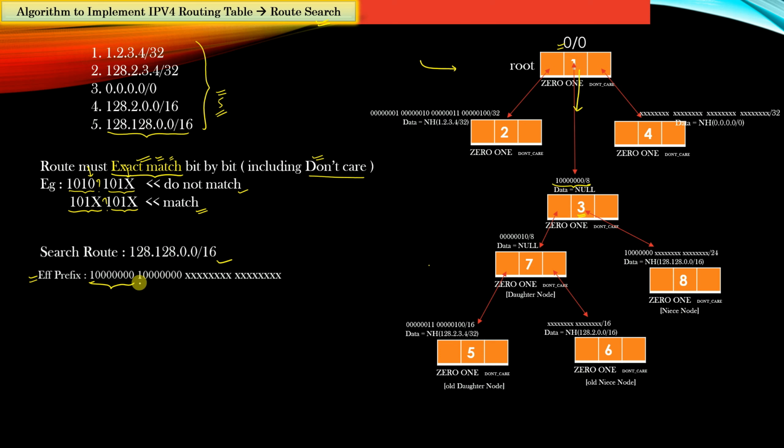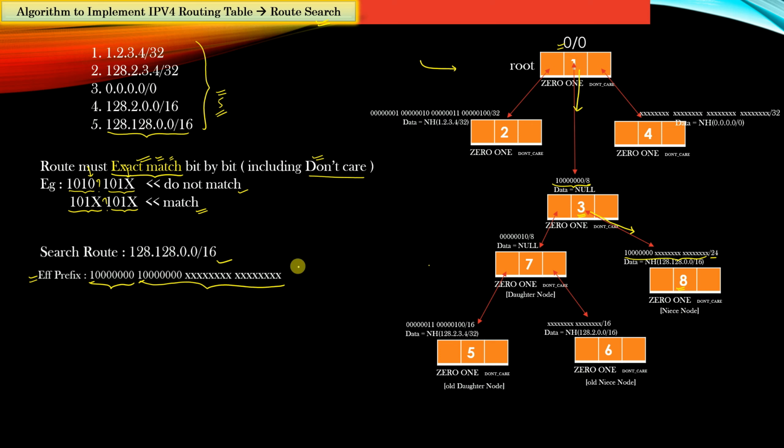Now the next bit in the effective prefix is 1, so I will take the path along the 1th child of the node 3 and I will land at the node number 8. And the node number 8 has a prefix length of 24, so I am going to compare the next 24 bits of the effective prefix of the input route with the 24 bits of the effective prefix of the node 8, and I see they exactly match.